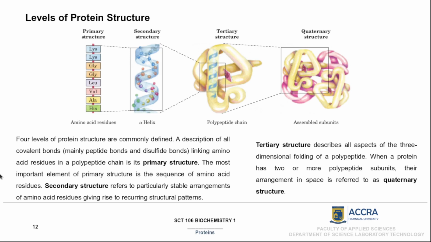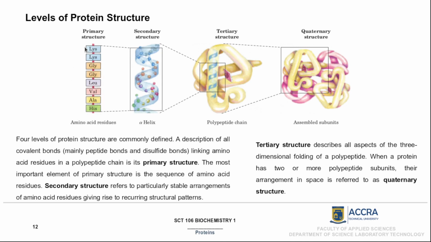So you see the primary structure here, where you have a certain sequence of amino acids in this peptide chain. This sequence of amino acids being lysine, lysine, glycine, glycine, leucine, valine, alanine, histidine.